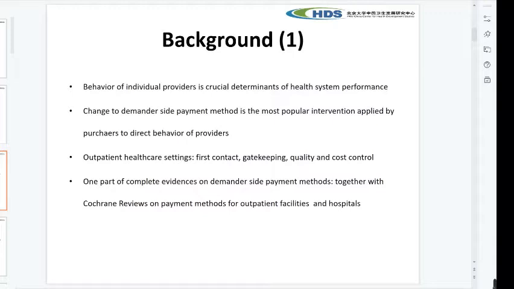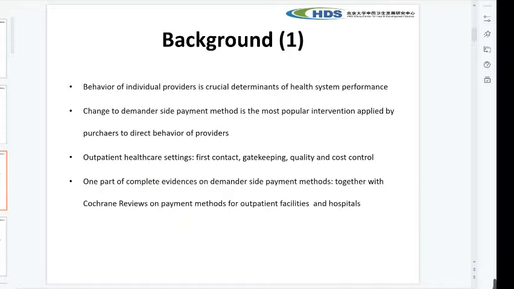We chose outpatient healthcare settings because it's a very crucial part of the whole healthcare delivery system, even though different countries have different health system delivery designs.